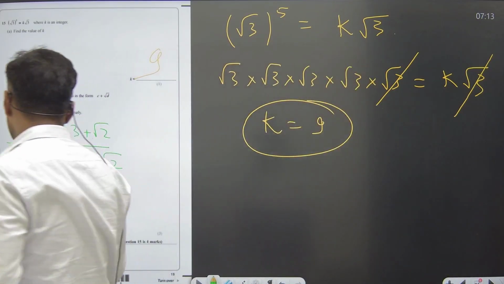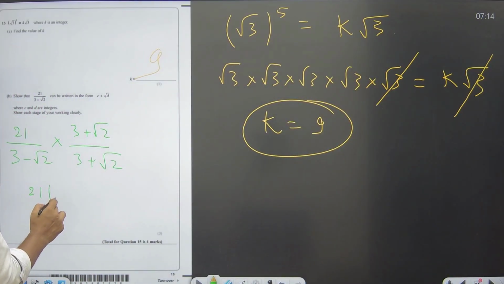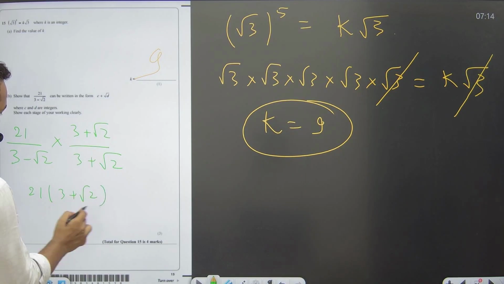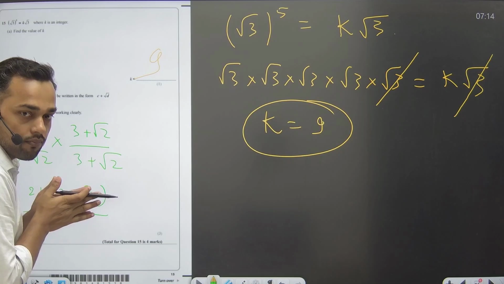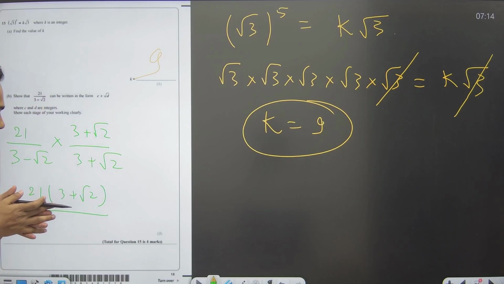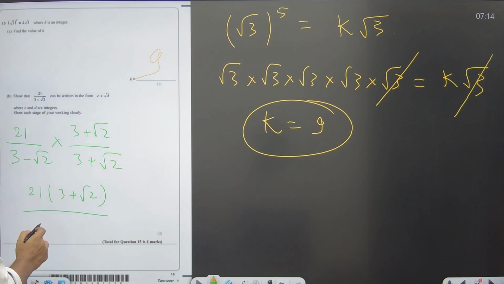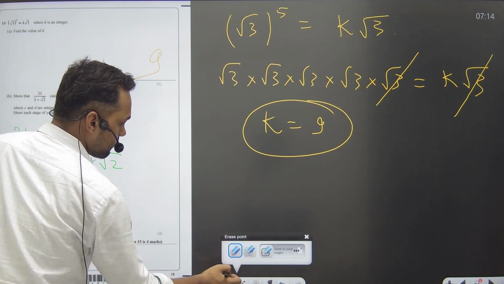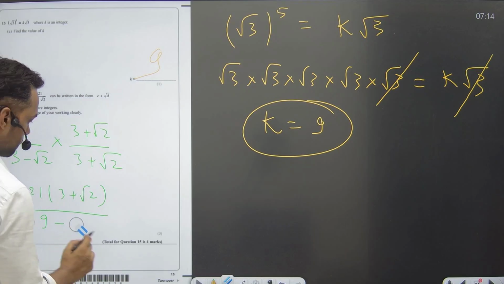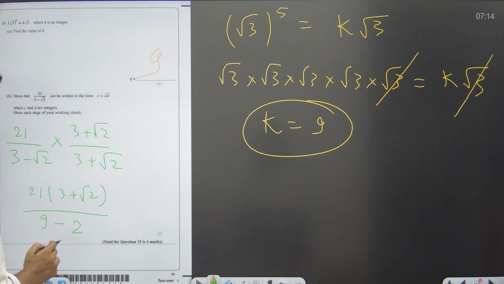So what you will get here: 21 in the numerator times 3 plus root 2, upon, in the denominator, you will apply the formula a minus b times a plus b equals a square minus b square. So you will get 9 minus 2. Why 2?